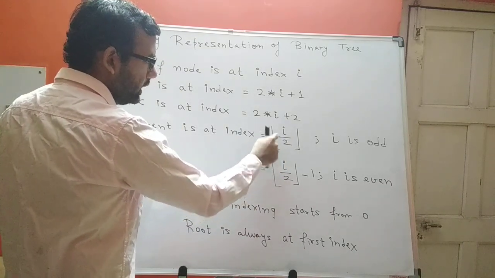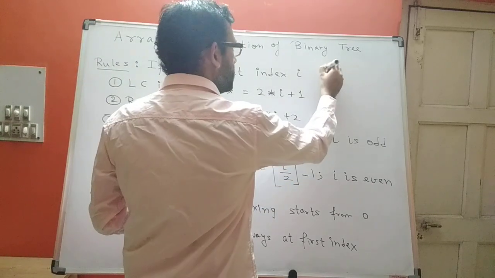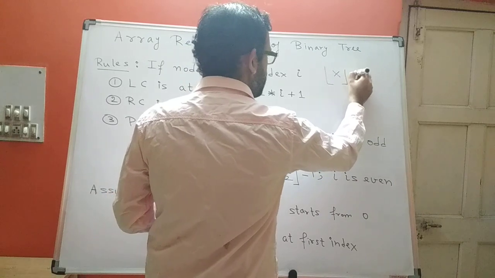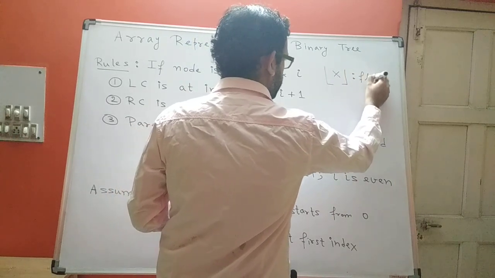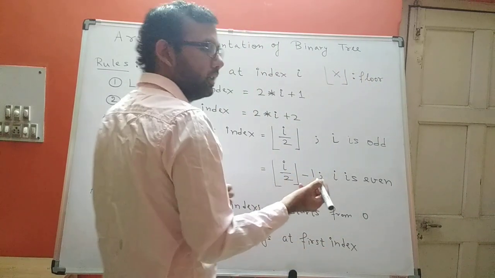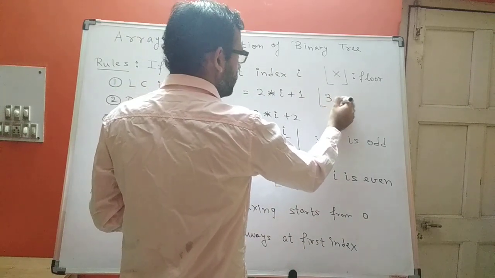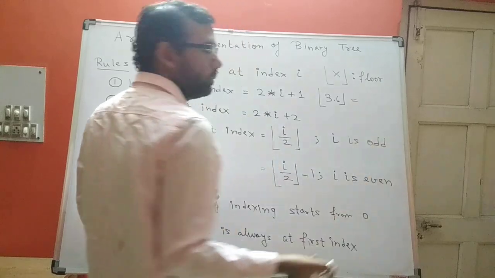What does this stand for? If you remember, this is the floor function. So I'll just take a couple of examples. If I have to find the floor of 3.6, what would it be?